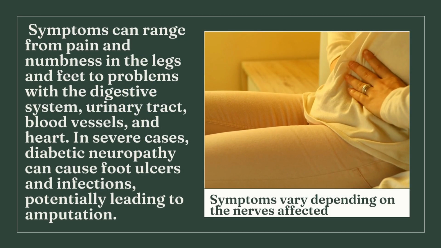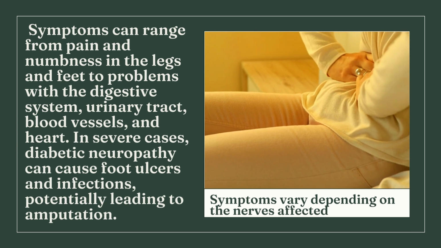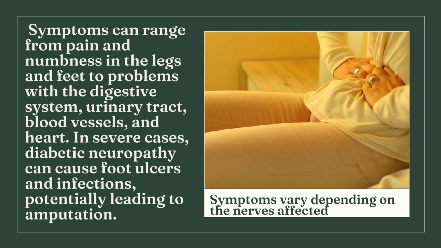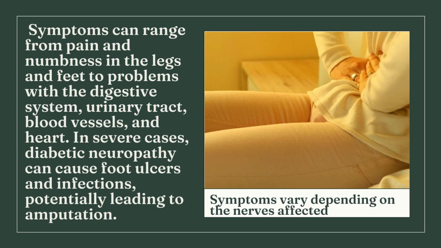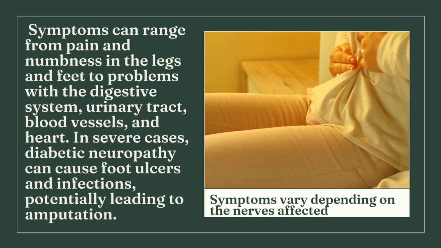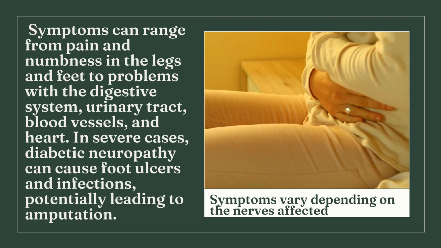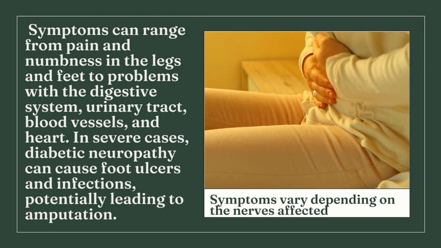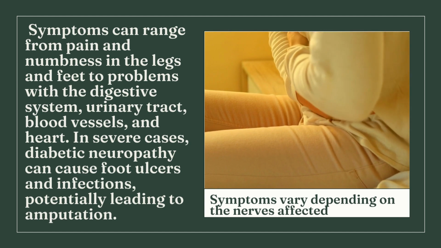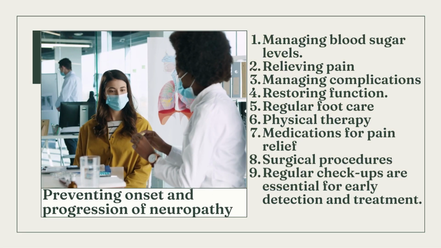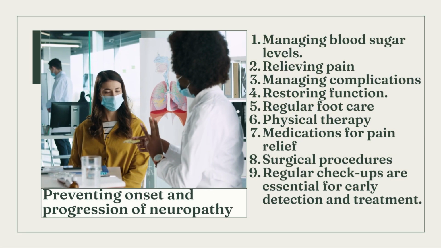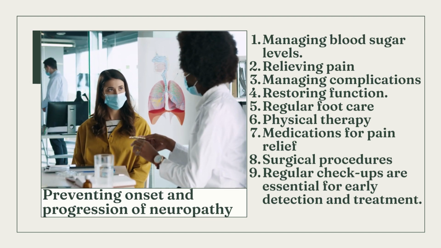Symptoms vary depending on the type of neuropathy and the nerves affected. They can range from pain and numbness in the legs and feet to problems with the digestive system, urinary tract, blood vessels, and heart. In severe cases, diabetic neuropathy can cause foot ulcers and infections, potentially leading to amputation. Managing blood sugar levels is key in preventing the onset and progression of diabetic neuropathy.